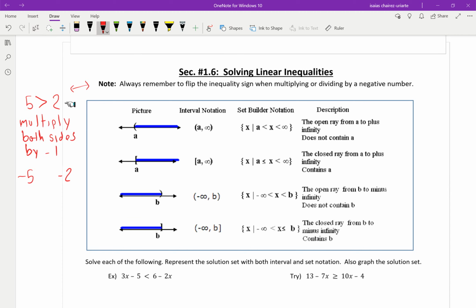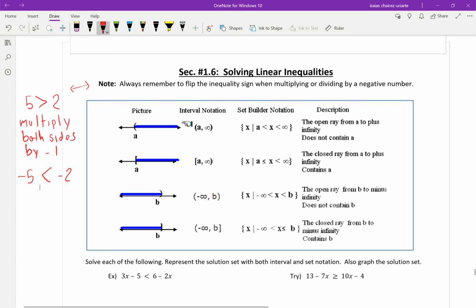When it comes to negatives, the negatives that are closer to 0 are actually bigger than the negatives that are further to the left from 0. So negative 2 now is larger than negative 5. That is the justification as to why we need to flip the inequality sign anytime that we multiply or divide by a negative. So keep that in mind.